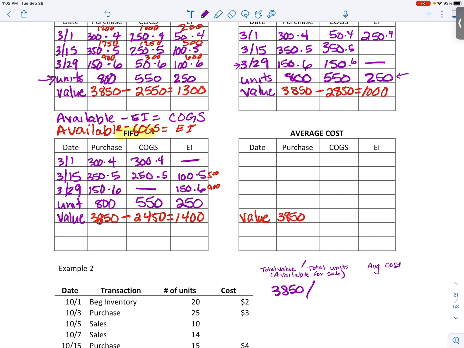We're going to divide that by our total units, which are 800. We know that. To give us an average cost, we divide, we get $4.81.